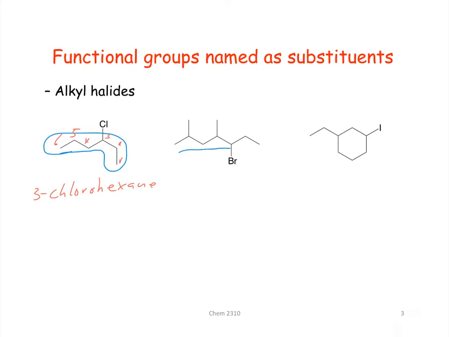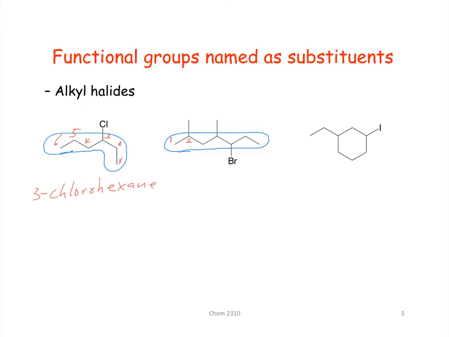The next one has a few more substituents, but again, we're going to pick out the longest chain, and we're going to name all of these different groups as substituents. We're going to number this to give the first substituent the lowest number. So we number it from left to right because that puts the first substituent at the 2 position.